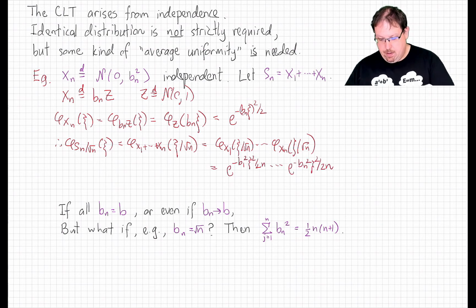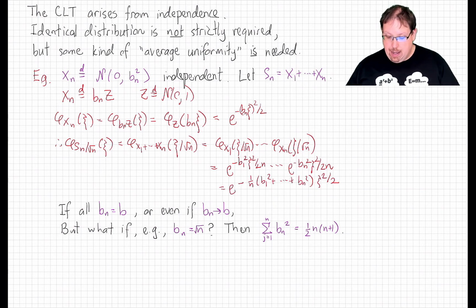So that gives us this product of exponentials, where the only difference from term to term is which bk squared appears in the exponent. In other words, this is equal to e to the minus the average of the bn squareds times xi squared over 2.